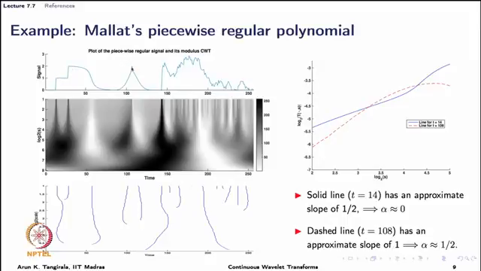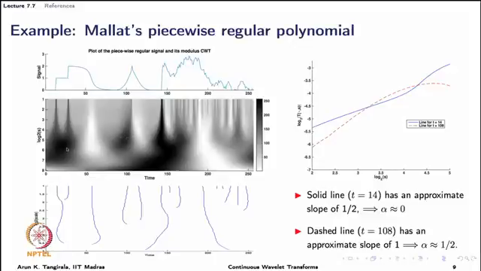More importantly, the cusp kind of jump that you see at t equals 108 is different from the kind of discontinuity that you see at t equals 14. So let us look at the magnitude of the CWT plot, which has been computed using a Gaussian derivative, that is a Mexican hat wavelet.